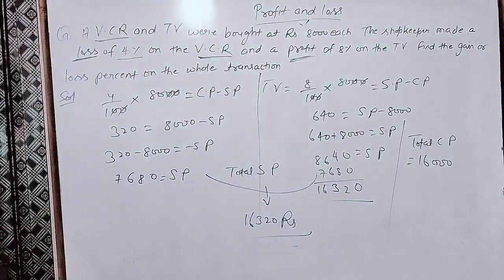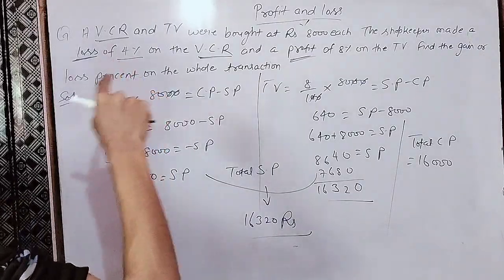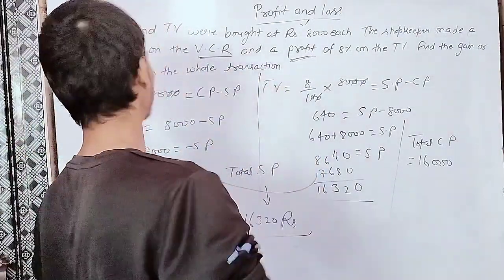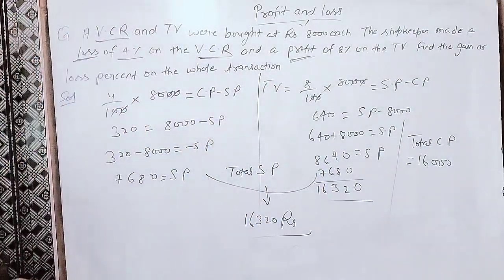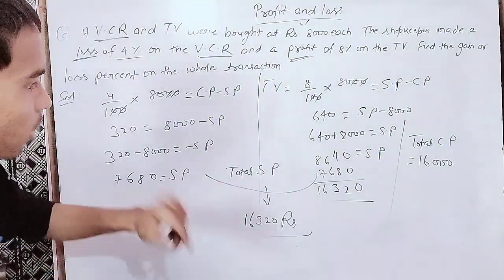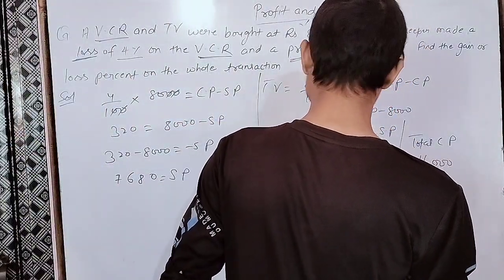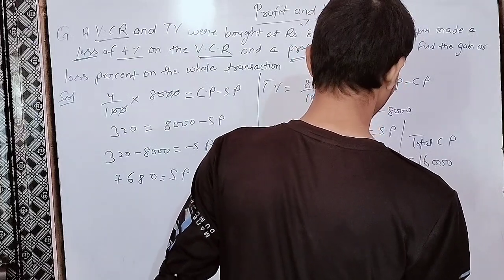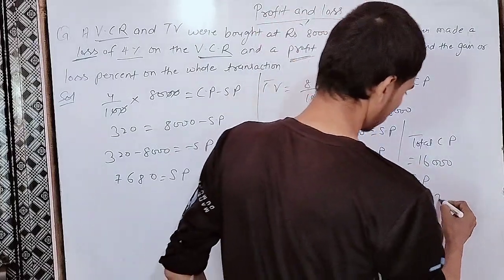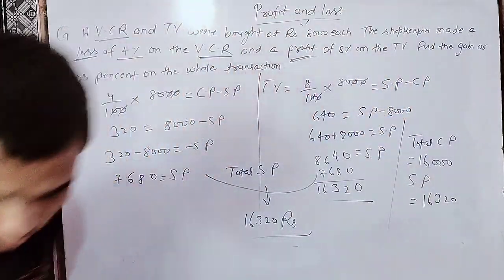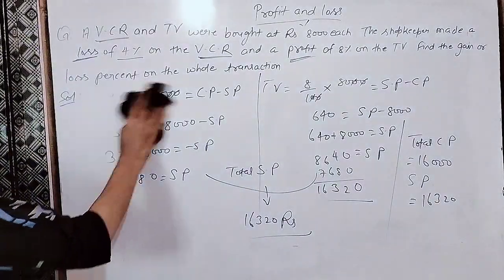Now it is saying, find the gain or loss percent on the whole transaction. On the whole transaction. Clear. Okay. This selling price is how much? Remember this. Clear. Now next step.